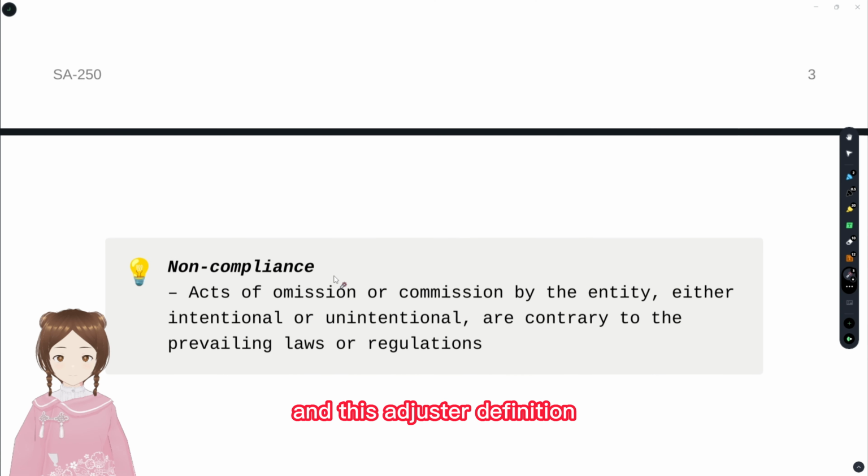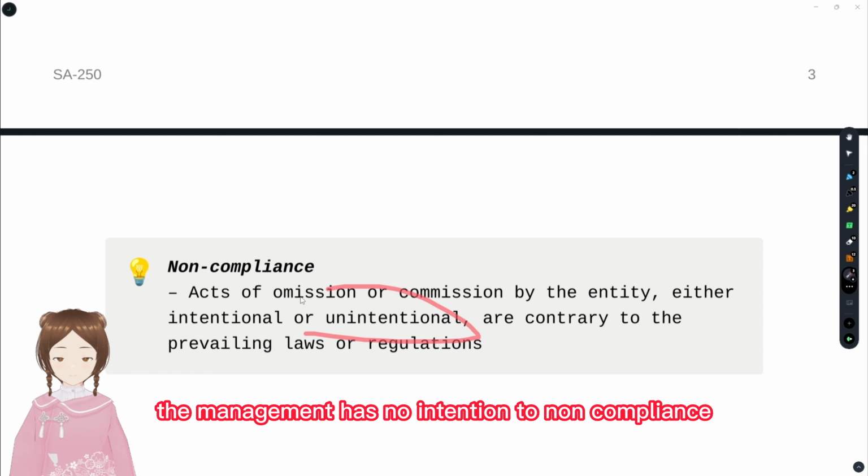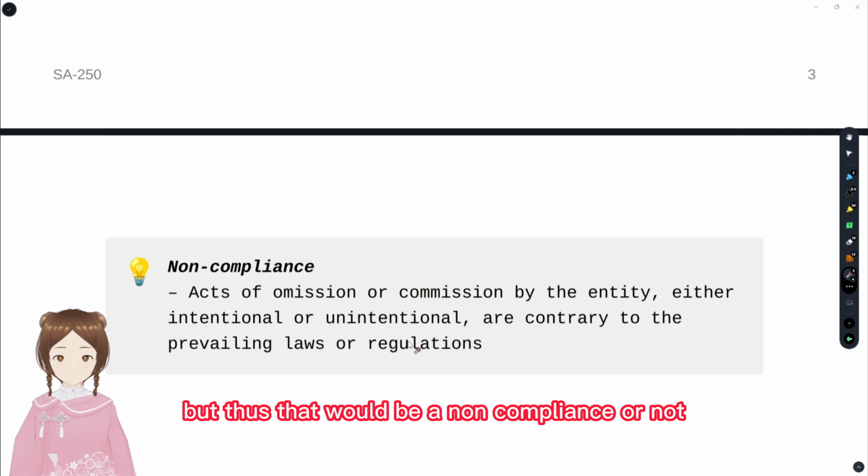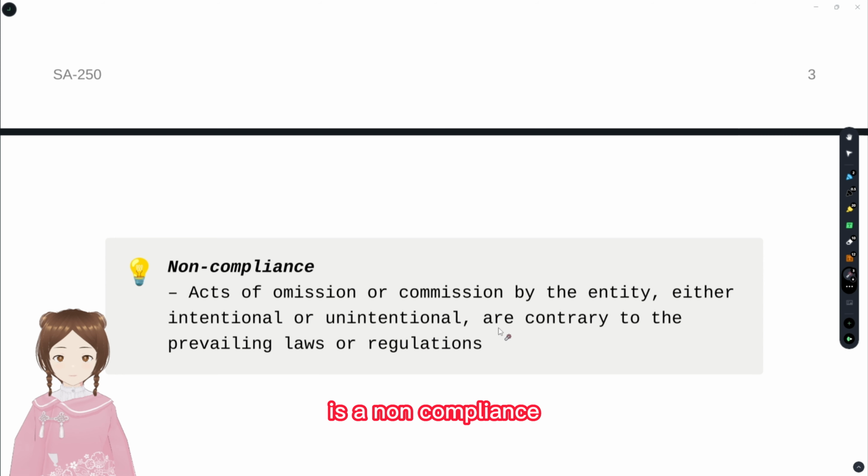And this is just a definition. What is non-compliance? Acts of omission or commission by an entity, either intentional or unintentional. This could be tested in an examination, in a situation-based question: the management has no intention of non-compliance, but would that be a non-compliance or not? Yes, it is a non-compliance, but when it is done intentionally, it is a fraud.